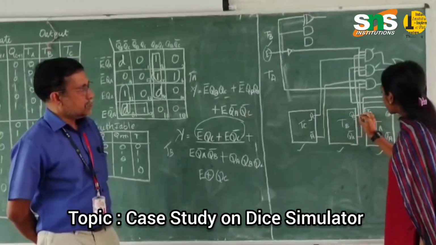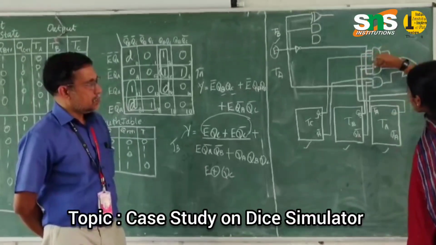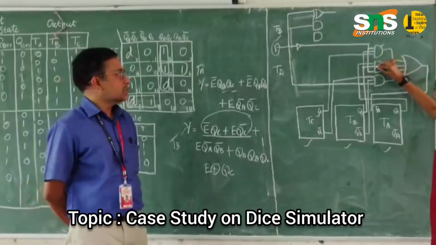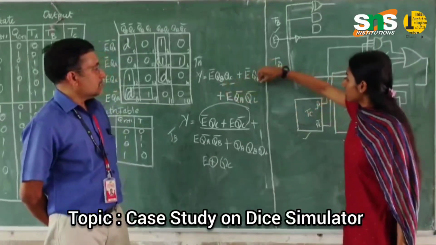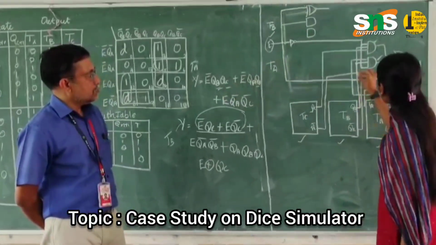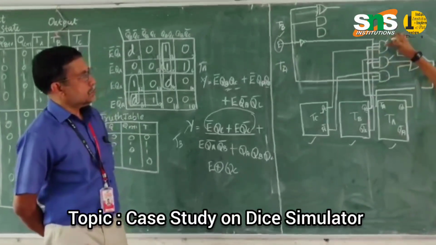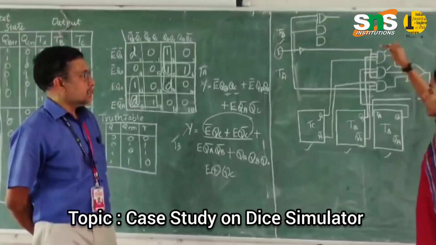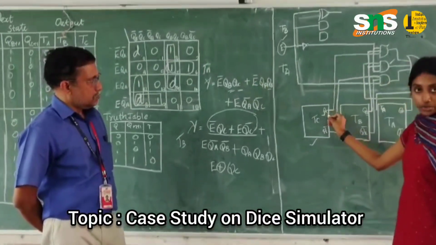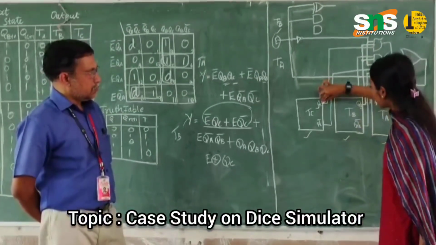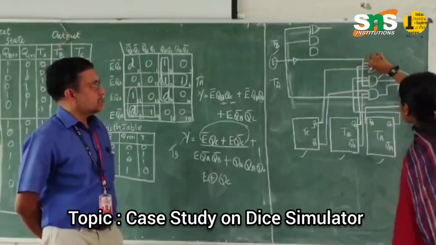I have taken a connection from QC and connected it to the AND gate. QB goes to two AND gates, and one more connection from the same QB is connected to the first AND gate. And the next, QC: from here I have taken a connection and connected it here.